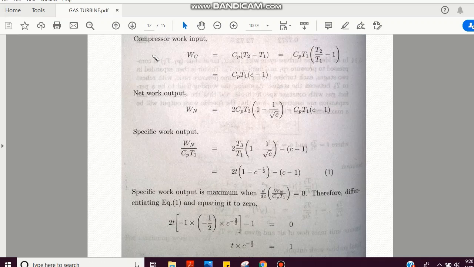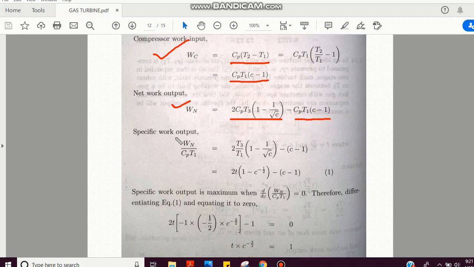Now the compressor work. Compressor work is WC, that is Cp into T2 minus T1. So Cp into T1 into T2 by T1 minus 1, so that becomes Cp into T1 into C minus 1. Okay, the net work output Wn is the turbine work minus the compressor work.